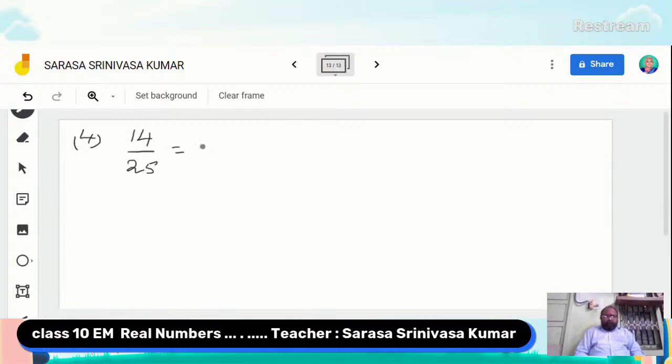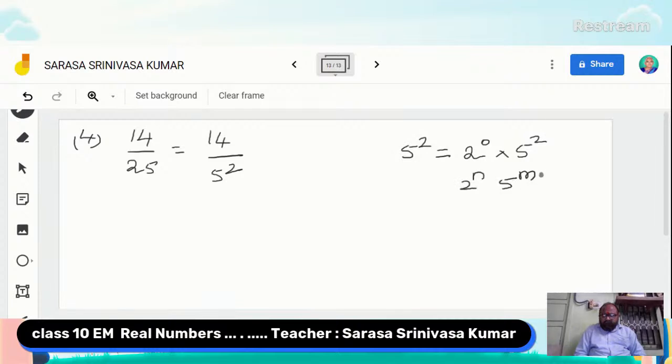This is a very simple problem. 14 divided by 25, which can be expressed as 5 square. So 5 square equal to 2 power 0 multiplied by 5 power 2. Compare this with 2 power n, 5 power m. Here n equal to 0, m equal to 2.